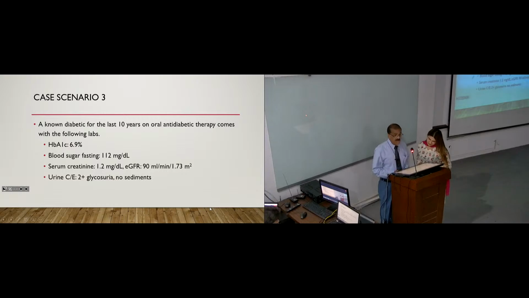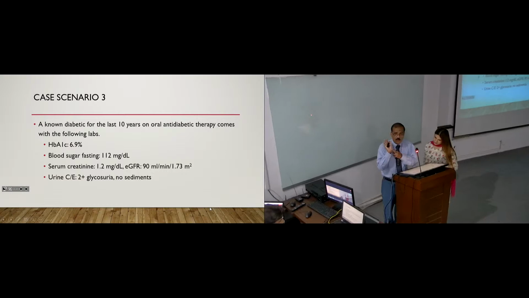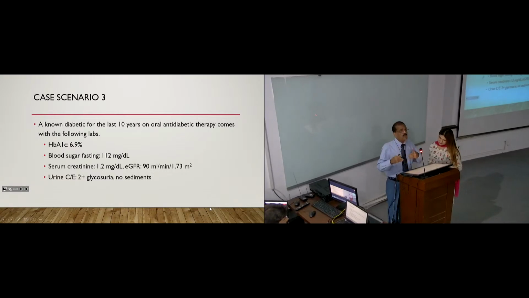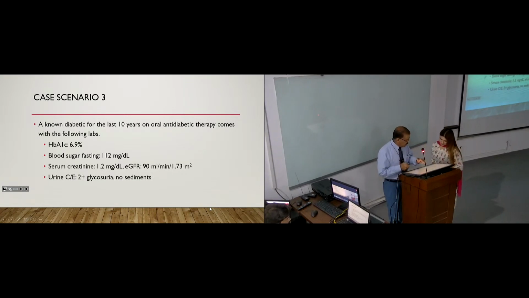Urine complete examination reveals 2 plus glycosuria, and the person is a little worried, and he says, I still have this lot of glucose in my urine, because he used to follow glucose for the glucose monitoring. Urine microscopy does not show any sediment or any problem at all. It's just 2 plus glycosuria. You know the blood sugar, you know the A1C, and you know the 2 plus glycosuria.